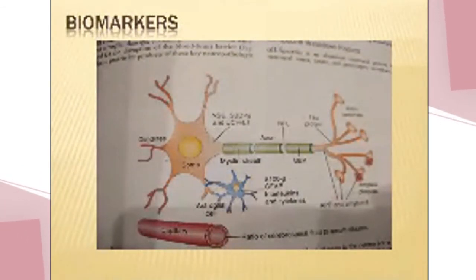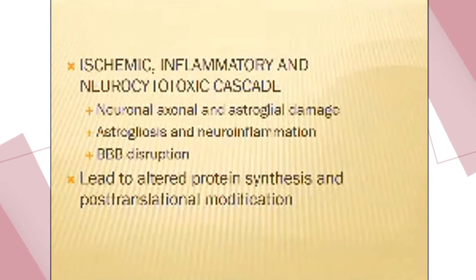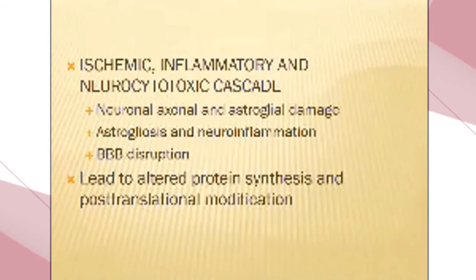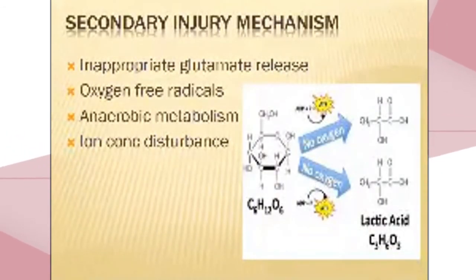There are certain chemicals that are produced, and the ischemic, inflammatory, and neurocytotoxic cascades are activated. They cause neuronal, axonal, and astroglial damage, astrogliosis, neuroinflammation, and blood-brain barrier disruption that leads to altered protein synthesis and post-translational modification. So this is the mechanism of the primary injury.